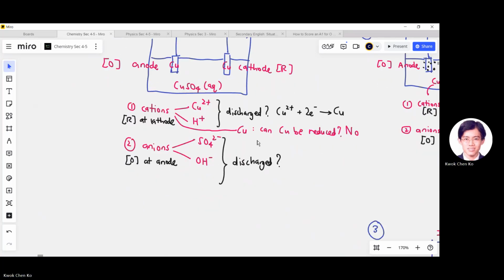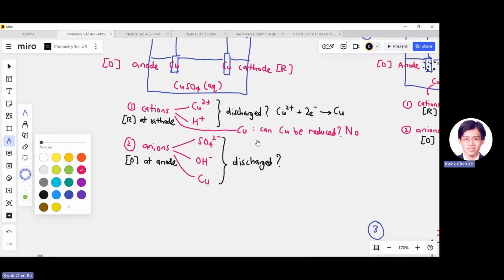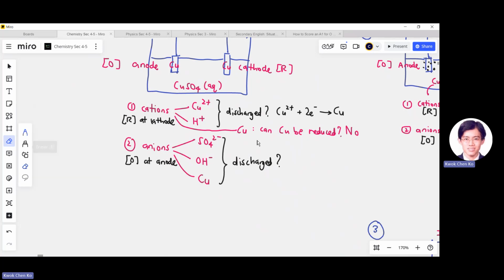But the anode is a different story. I shouldn't have linked it with anions. It's not strictly counted as an anion, but as the electrode itself, you still have to consider that. Can copper be oxidized? The answer is yes.